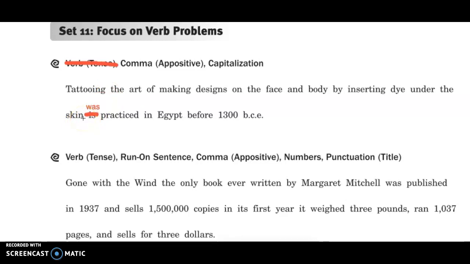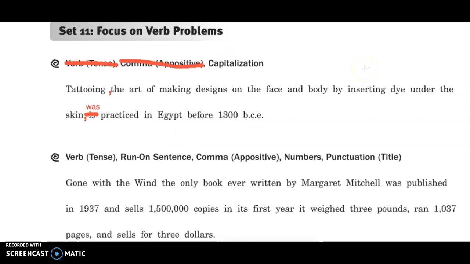That's a pretty big indication that I have an appositive here, and to show that appositive, I am going to mark it with those commas. I'm going to add my comma after tattooing and a comma after skin. That takes care of my commas to show that we have an appositive.